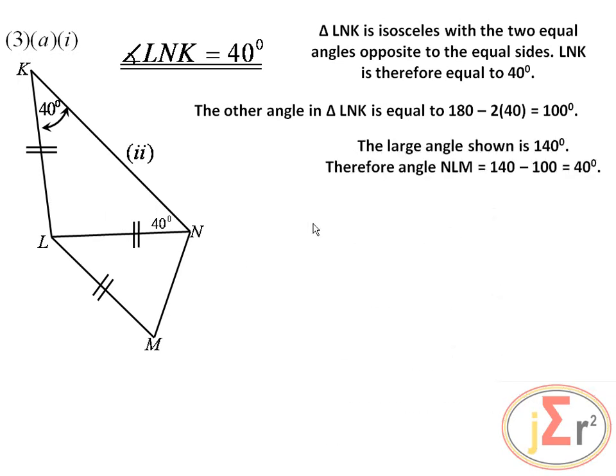The large angle shown is 140 degrees. Therefore, angle NLM is equal to 140 minus 100, which is equal to 40 degrees. Do we put it right there also? Yes, it is also included right there. So NLM is 40 degrees.